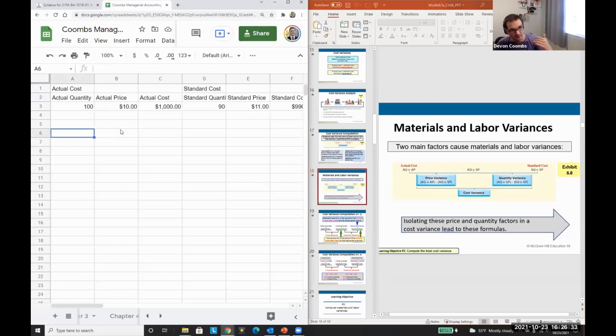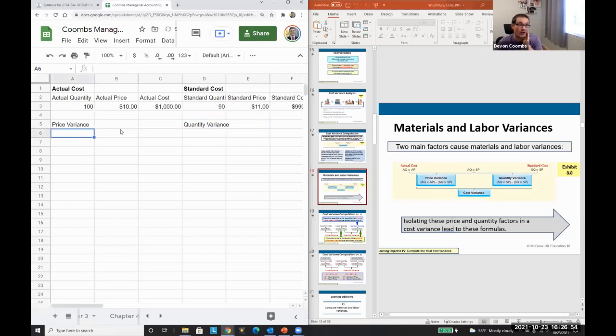We have price variance and quantity variance. And that's why I kind of call this an umbrella, right? We kind of keep going down. Price variance, and then we'll have quantity variance.